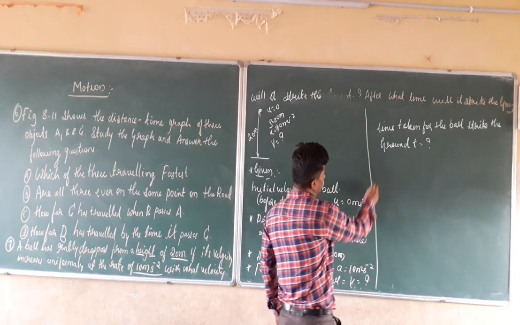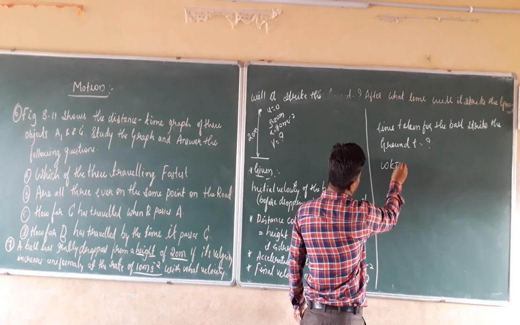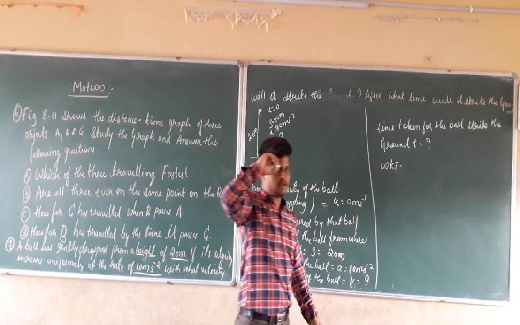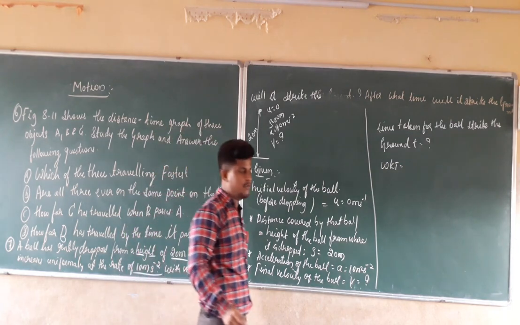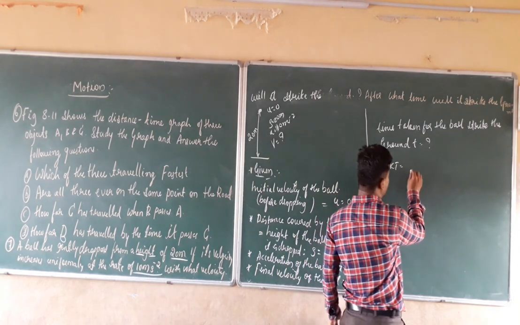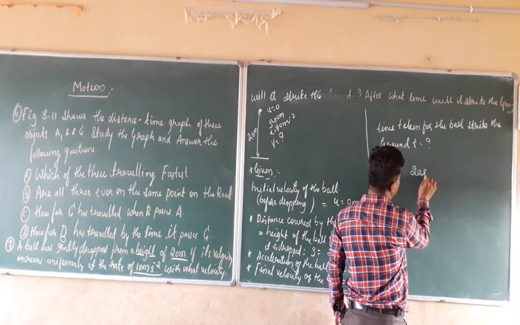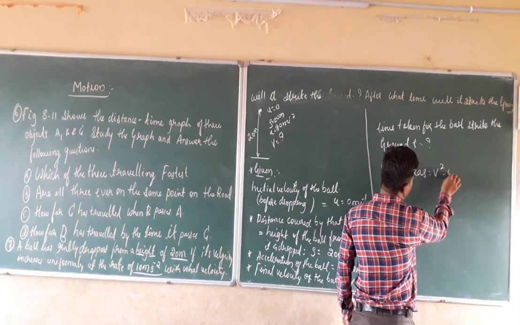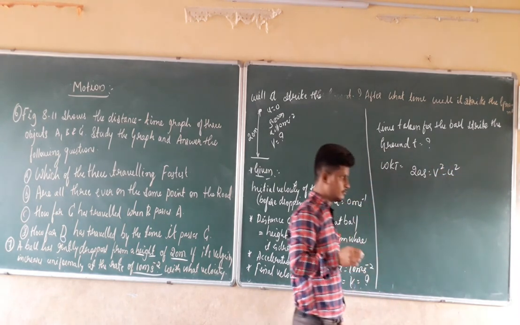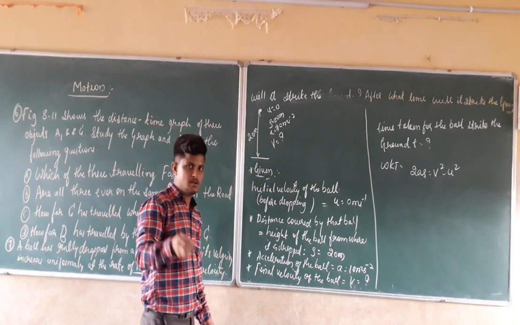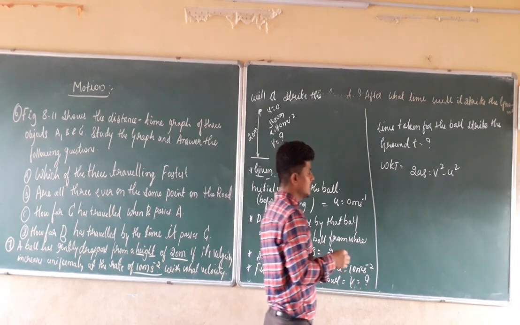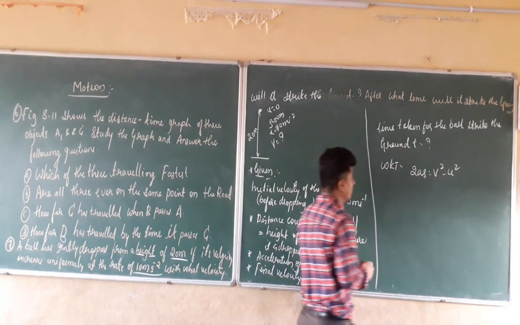So then we know the equation, if you remember, for position and velocity: 2as equal to v square minus u square. Here we have all the values.